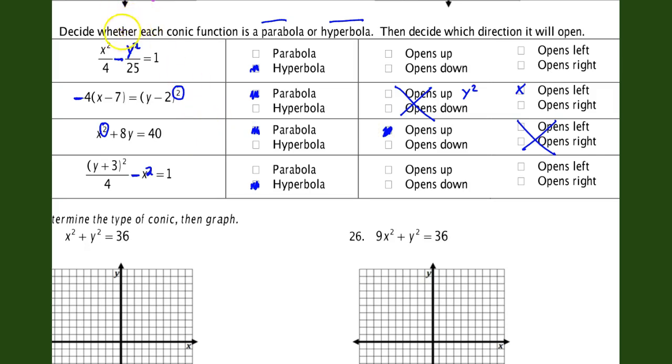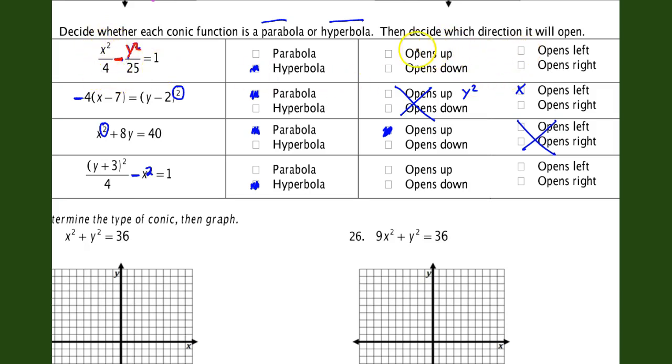Now for the hyperbolas. What you want to do is look and see which part of the equation is positive. If the y value is negative, it's going to open in an x-ward direction, right and left.